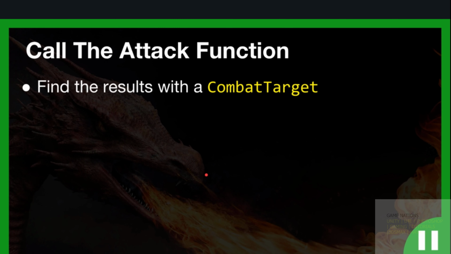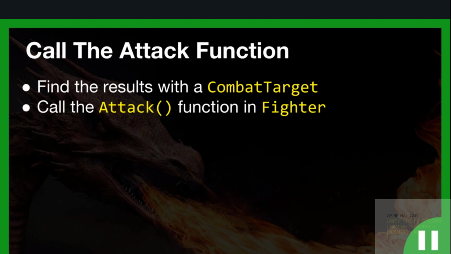So you are going to find the results that have a combat target. You're going to need to do a get component, check whether it has a combat target, that sort of thing. Then you're going to call the attack function in fighter. So you've got fighter as a sibling component. Call the attack function on that, and test it out. See if you can click on the target and get the right log message. Hit pause and try it out.